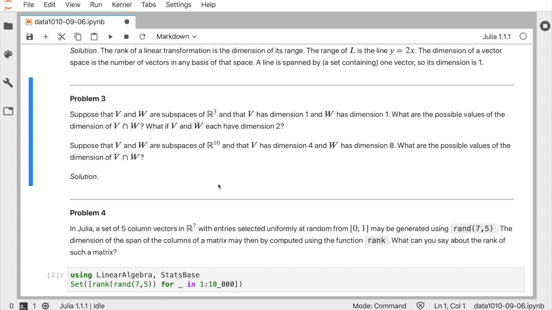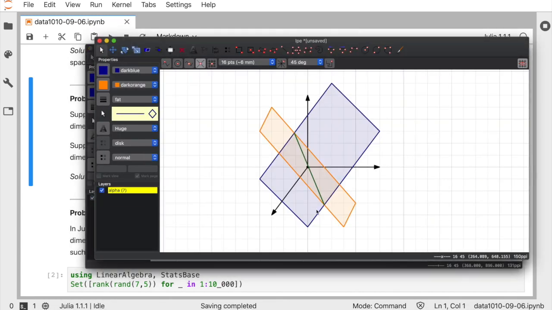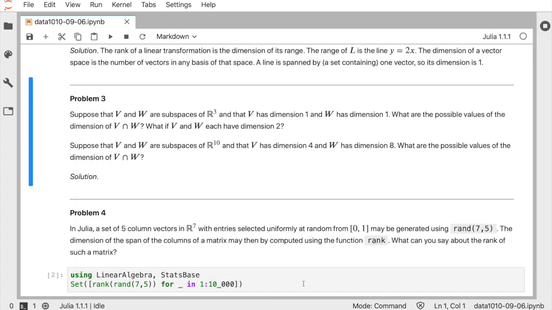If v and w each have dimension 2, then you'll necessarily have at least a line of intersection. There's not enough space in 3 dimensions to fit 2 planes that don't intersect in at least a line. So the minimum dimension here is 1, and if the 2 planes coincided, the dimension would be 2. So those are the possibilities in that case.